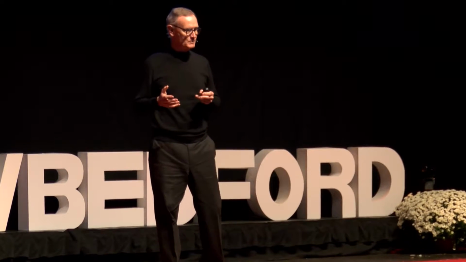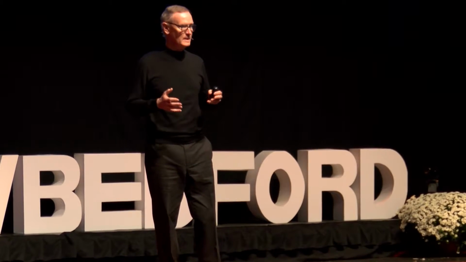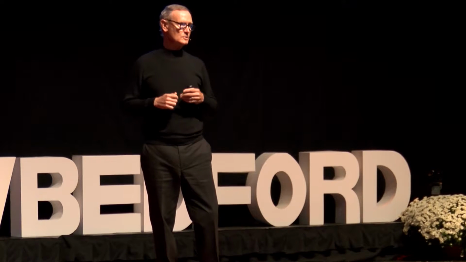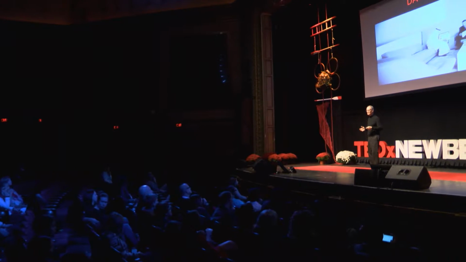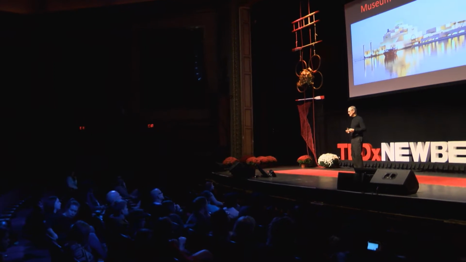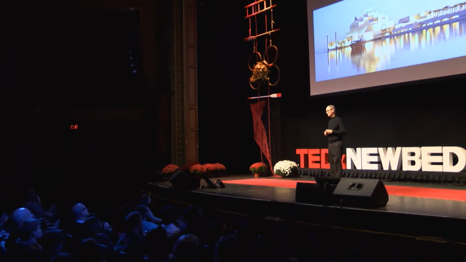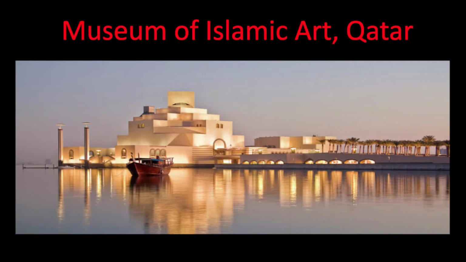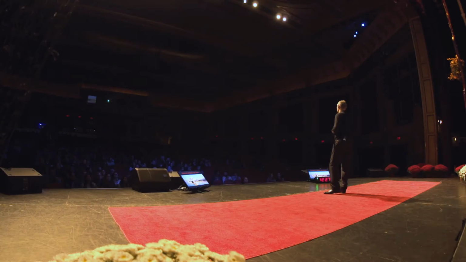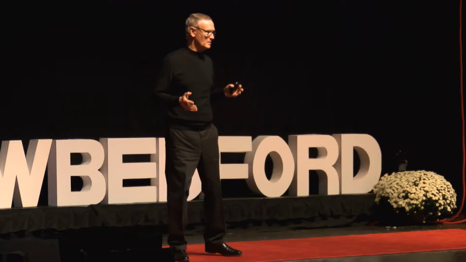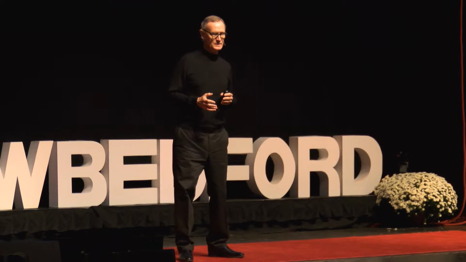And so I was brought there by the Emir and his daughter to create a cultural environment, to create a Smithsonian of museums. And in so doing, we put together institutions like the Museum of Islamic Art, an extraordinary institution. Well, I'm not the designer of this, but I wanted to point out that architecture is one of those very important design elements.